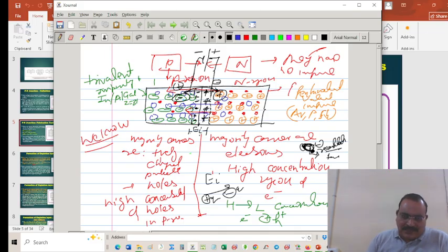So along with E_i there is induction of a barrier potential, abbreviated as V_B, at the same time.